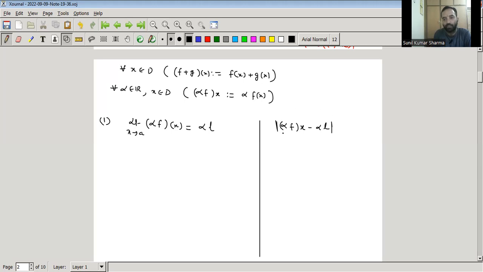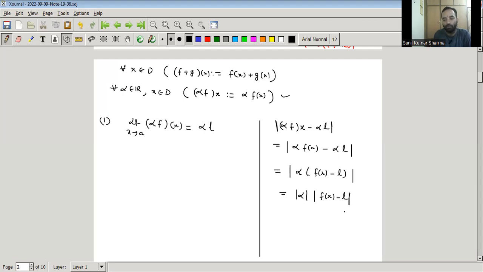So we first estimate alpha f at x minus alpha L, which by definition is alpha f of x minus alpha L. So we can take alpha common, so it is alpha times fx minus L, and then we can use the modulus property: mod alpha into fx minus L is mod alpha into mod fx minus L.